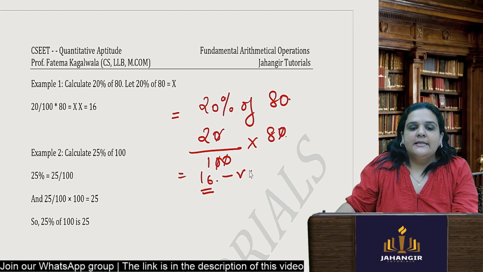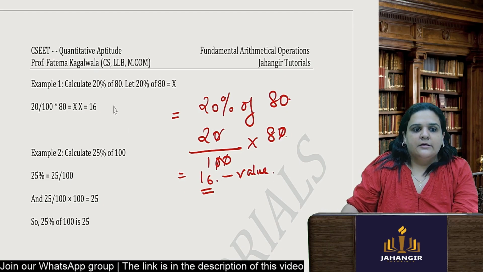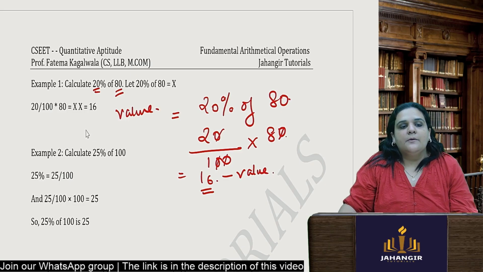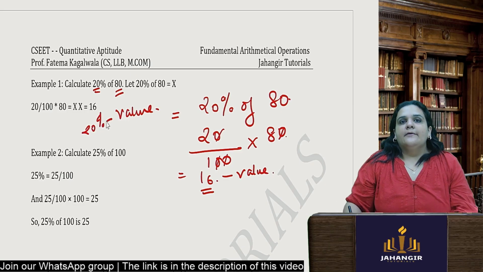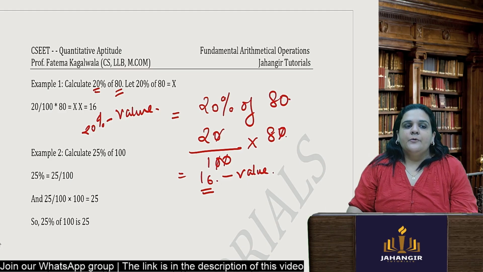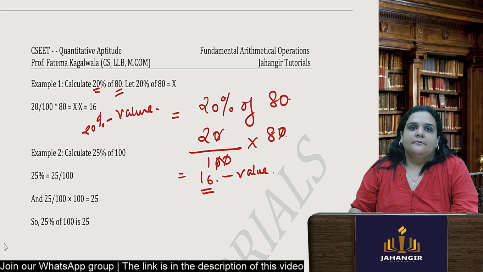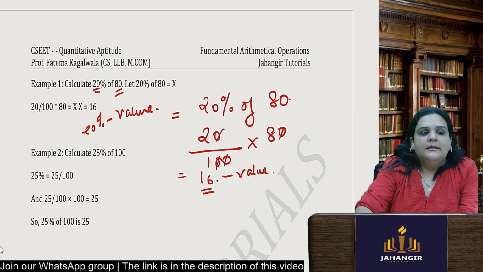They had given me the percentage 20 and the total value 80, and they were asking for the value for this particular percentage. So 20% of 80 gives me 16.